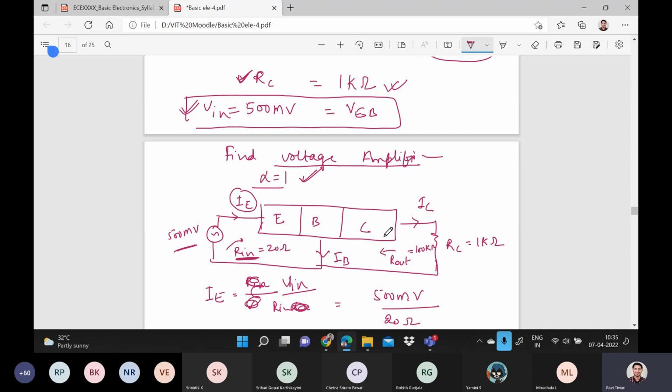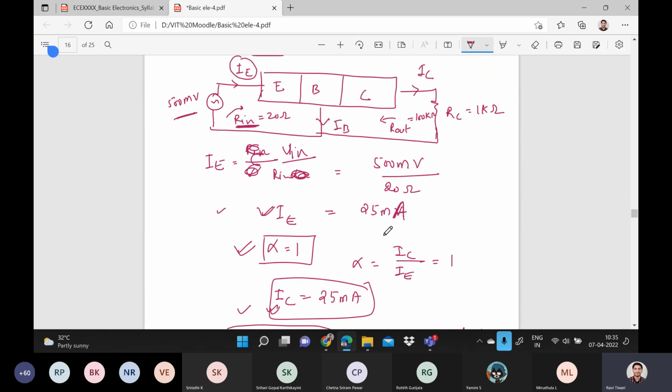We don't know what V out is, so how will we calculate it? V out will be calculated across the RC. So we know the RC, we know the IC. Can you tell me the V out? From here we can tell V out is equals to IC into RC, right?